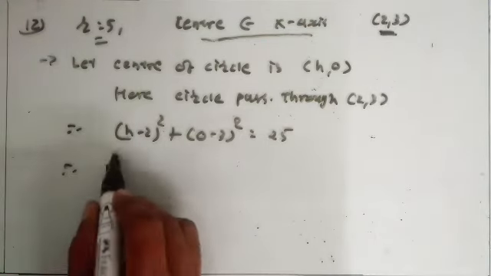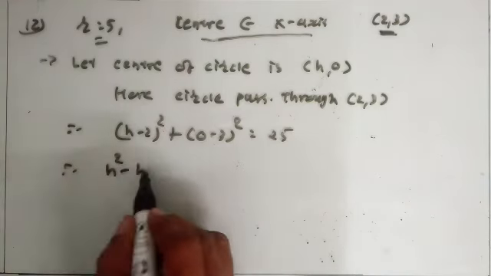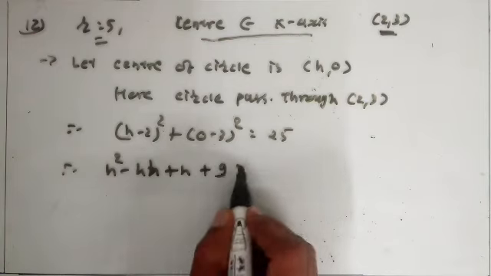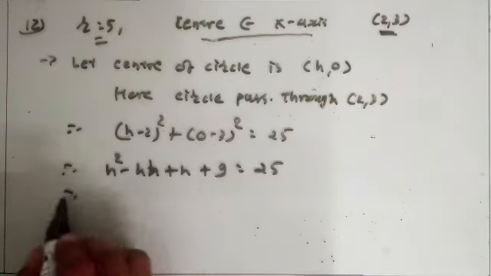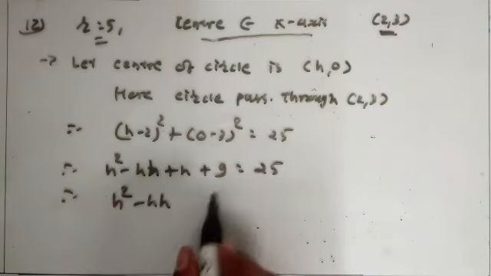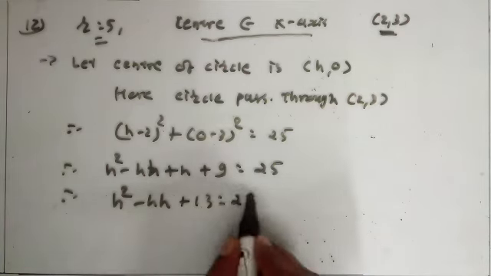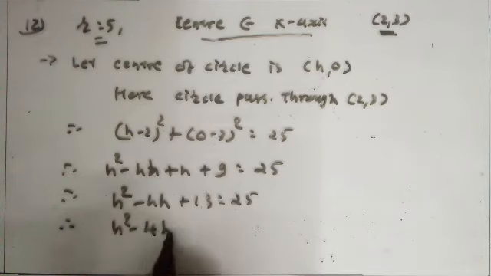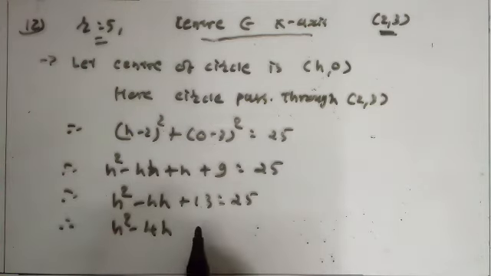Therefore h square minus 4h plus 4 plus 9 is equal to 25. So h square minus 4h plus 13 is equal to 25. Taking 25 to this side, h square minus 4h minus 12 is equal to 0.